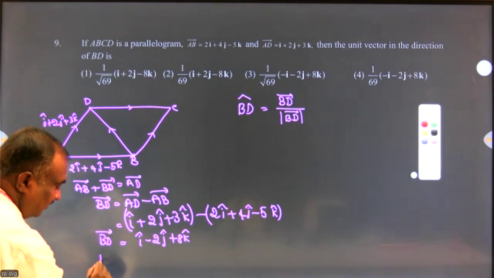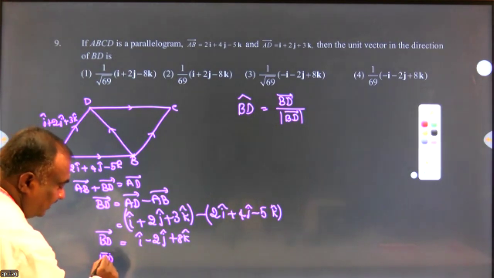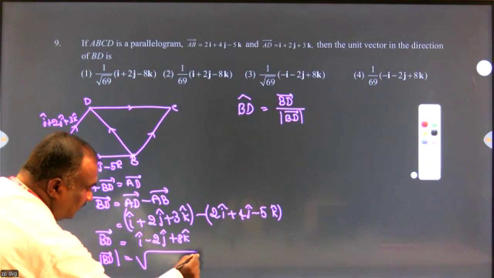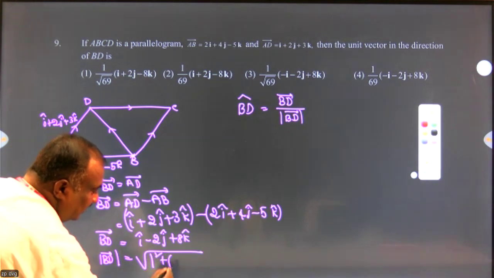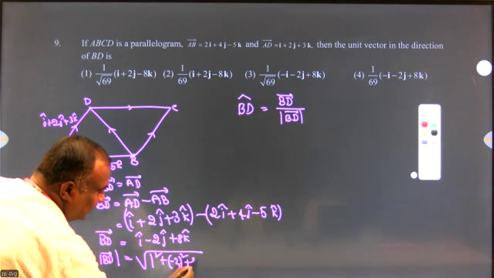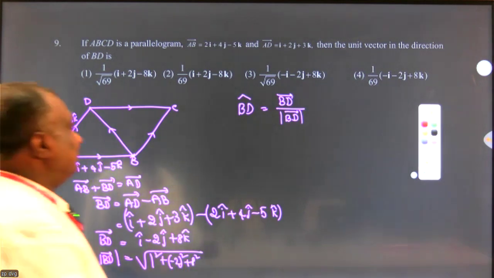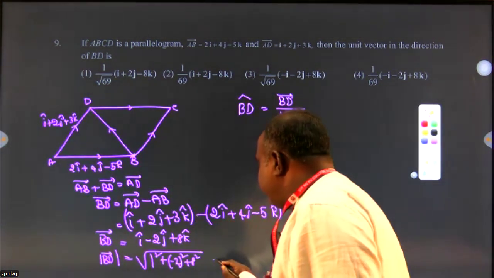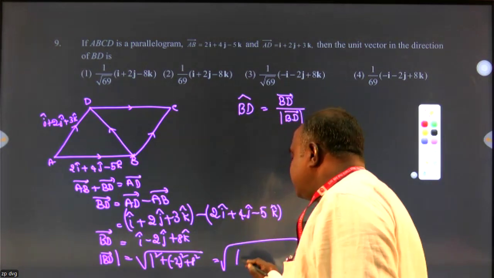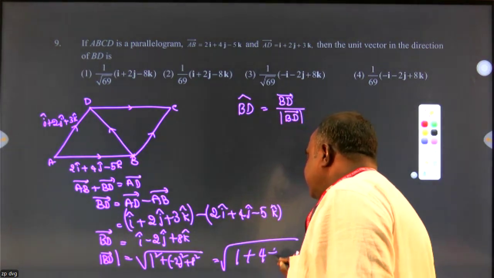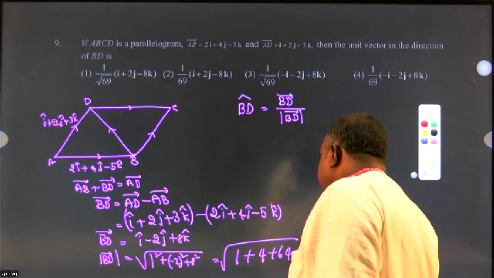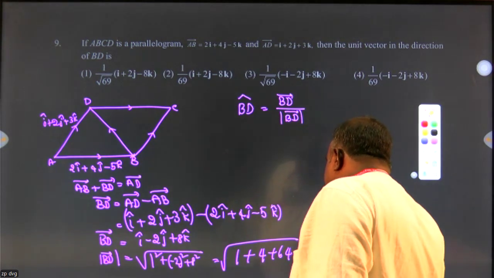Now from this, modulus of BD bar, what are you getting? Observe there, root of 1 square plus minus 2 whole square plus 8 square. That means 1 square is 1, 2 square is 4, 8 square is 64, which is equal to root of 69.